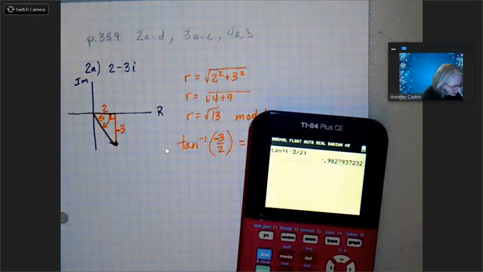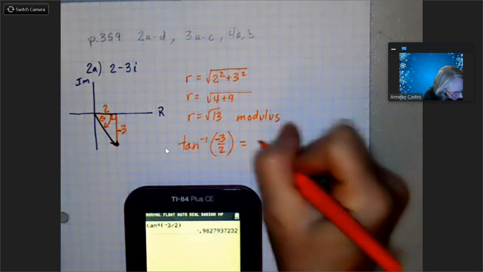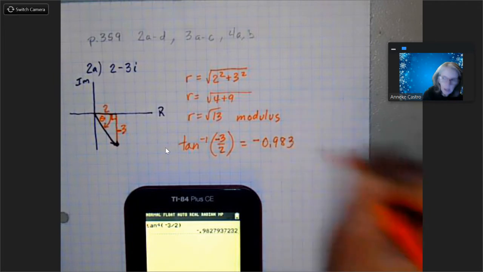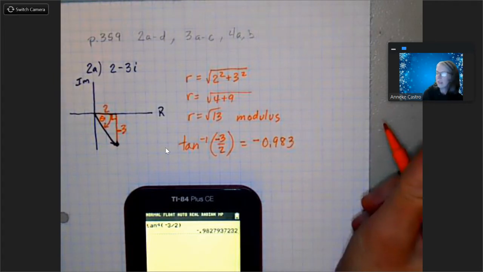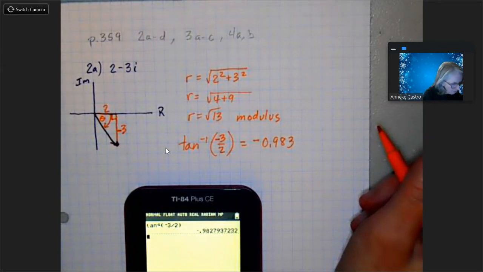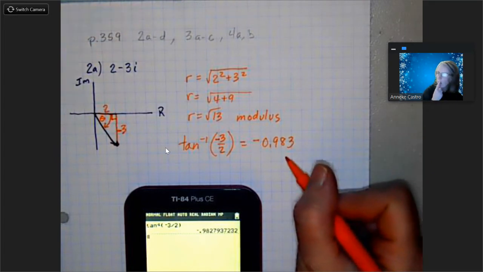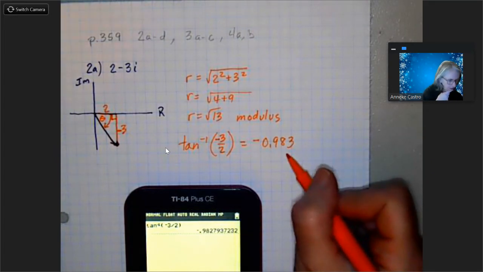And so that gets me -0.983 if I'm going to 3 significant figures. And I also had said in the directions that the angle should be written between -pi and +pi. So pi is 3.14, so this is definitely less than pi.